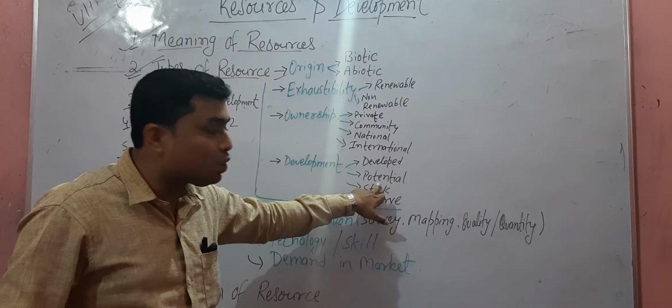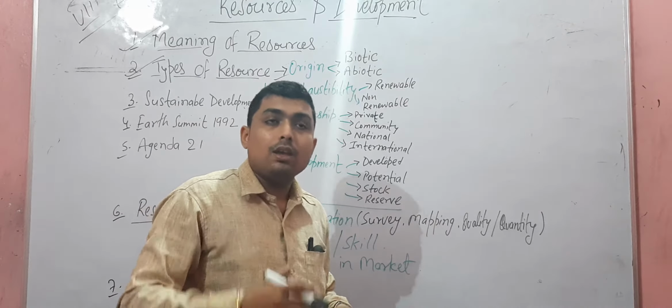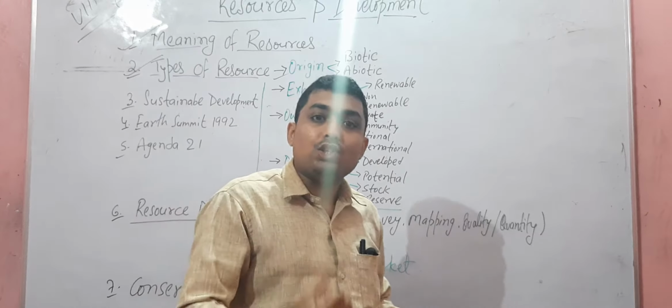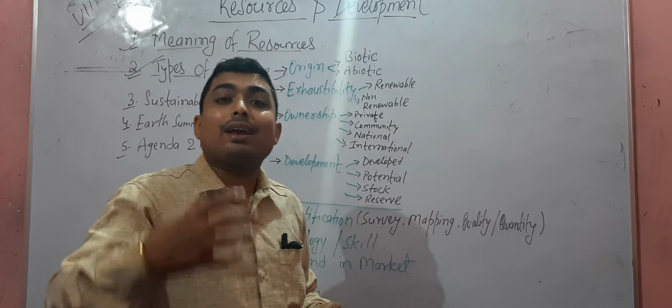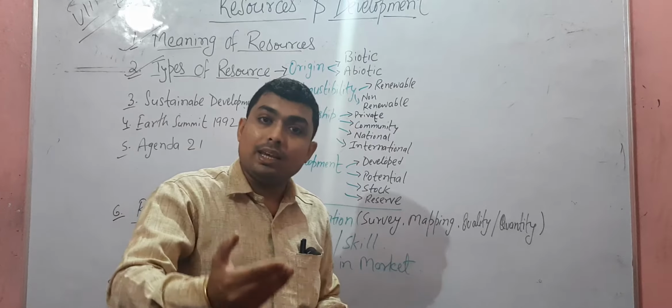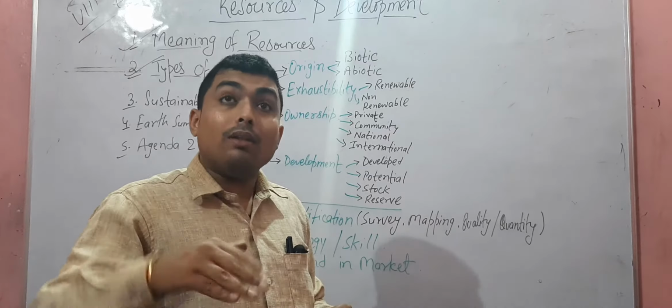Number 2 is potential. Potential resources are those resources which have the capability, the potential to fulfill our requirement, our need, but we are not using them properly or up to the mark.